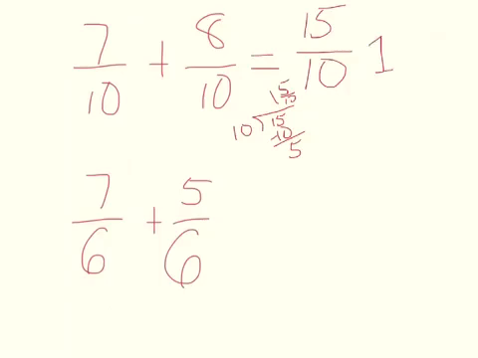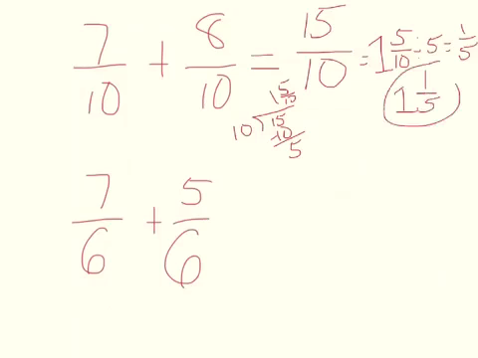So 1 and 5/10, but I'm not done, am I? I can reduce 5/10, can't I? Because 5 is a factor of 10, so I can divide my fraction by 5 and get 1/5. So my final answer is 1 and 1/5.